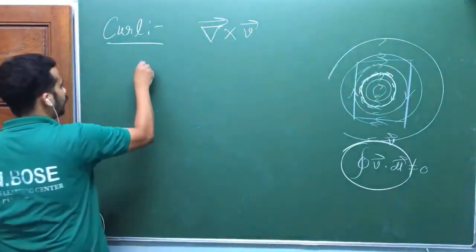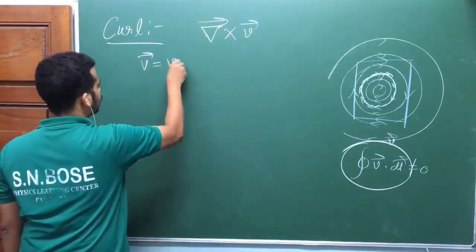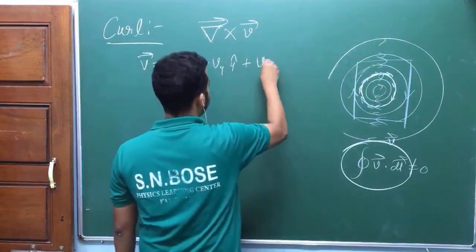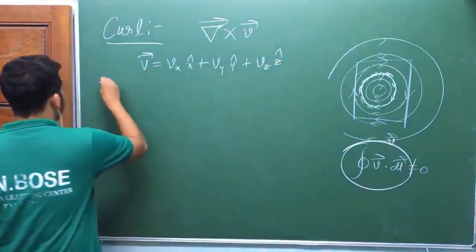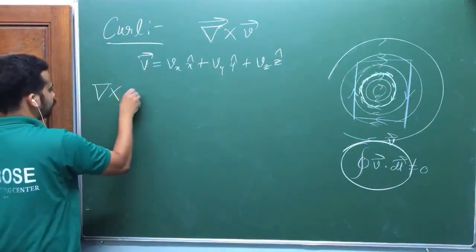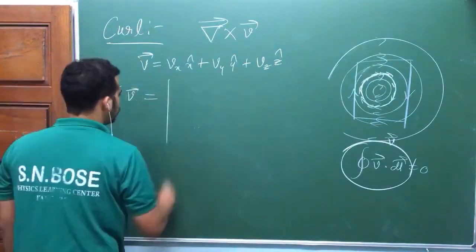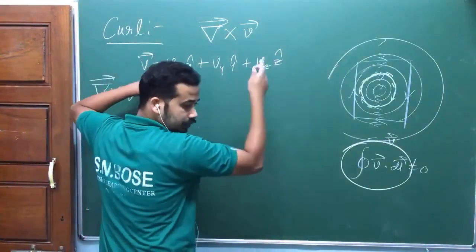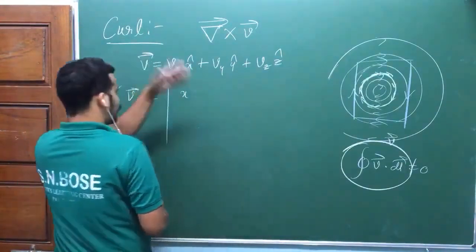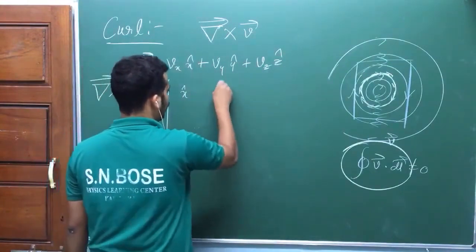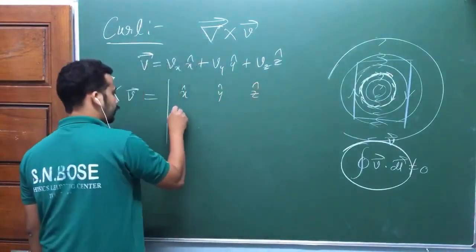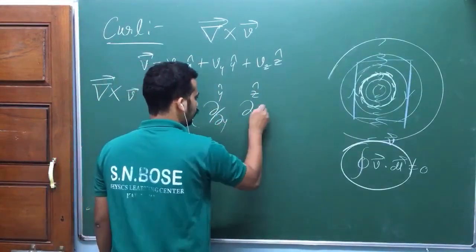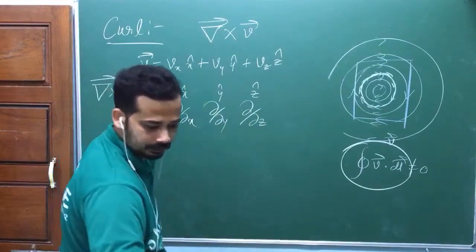Suppose I define the vector field as Vx x cap plus Vy y cap plus Vz z cap. Vx, Vy, Vz are functions of x, y, z. Then the curl is defined as a determinant with x cap, y cap, z cap in the first row, dou by dou x, dou by dou y, dou by dou z in the second, and Vx, Vy, Vz in the third.